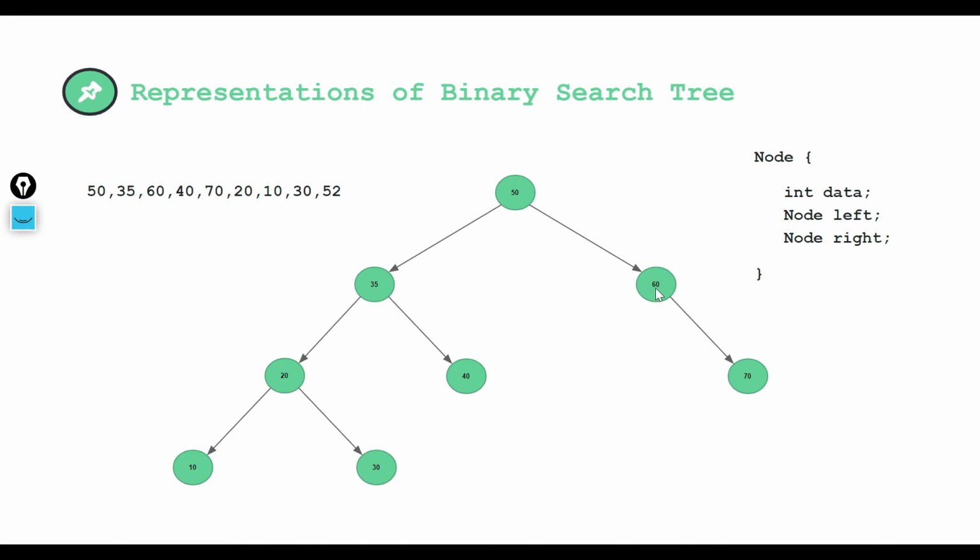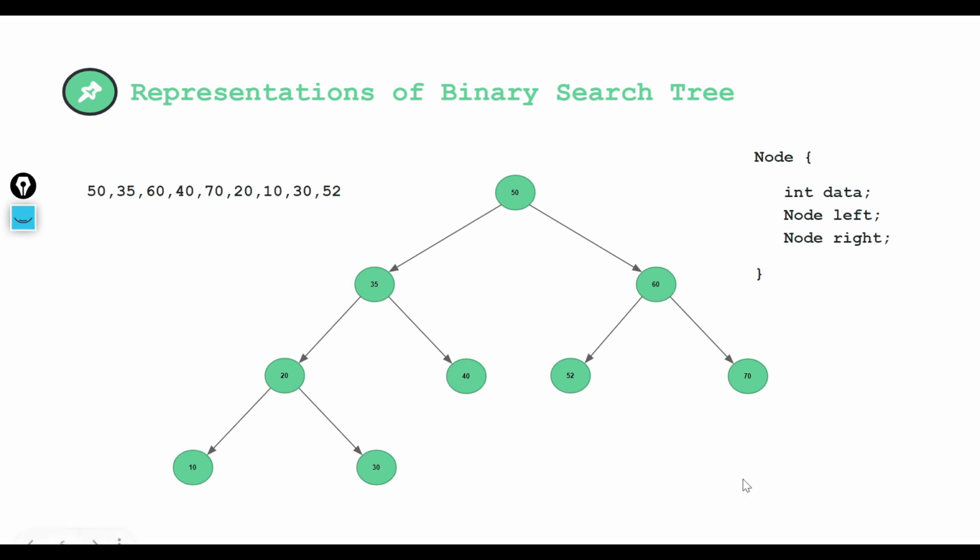Then it will go to the left hand side of the right hand side node. So see this. Now there's nothing pending to add. So this is the binary search tree which we have framed with this list of integers, right?